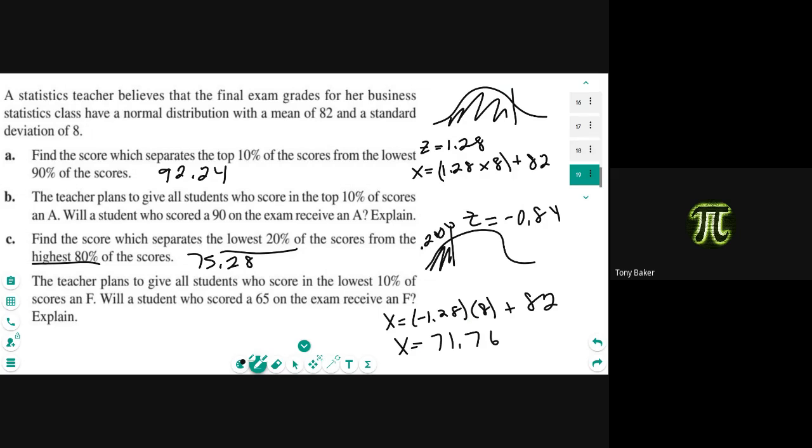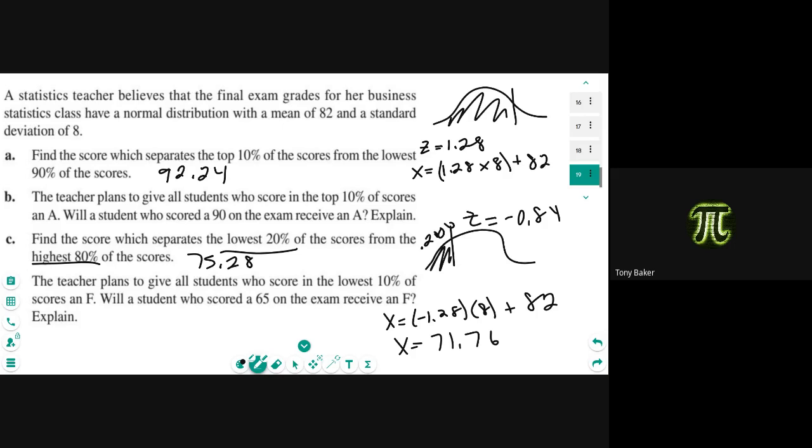That's true scoring on a bell curve. Bottom 10% gets an F, top 10% gets an A. Then depending on how they split it up in the middle, 20, 25% gets the other.